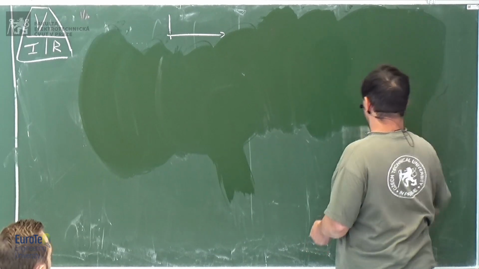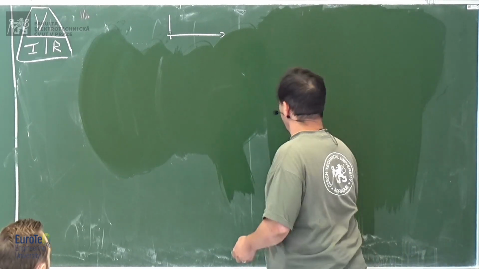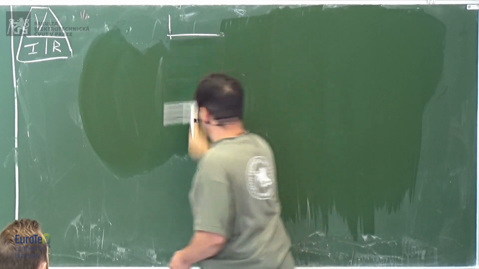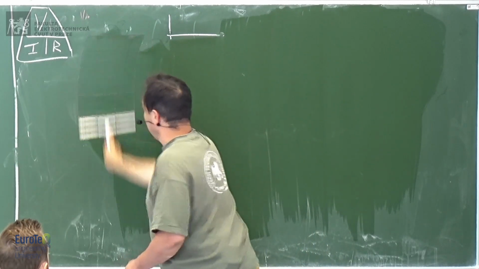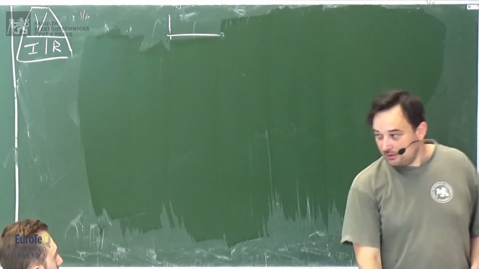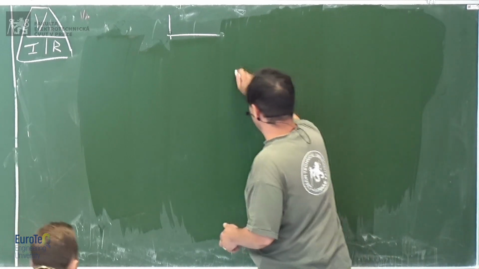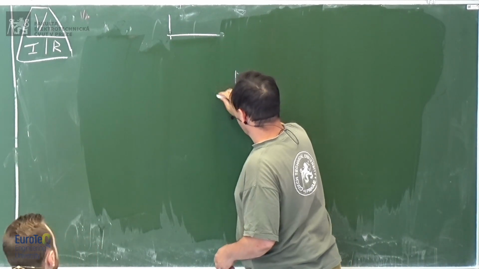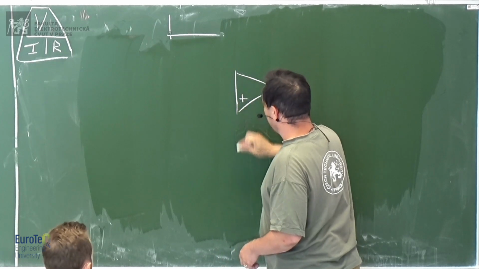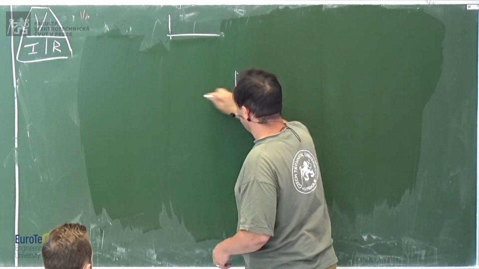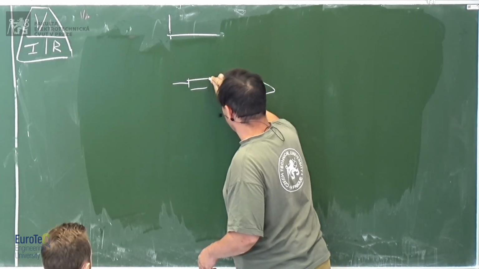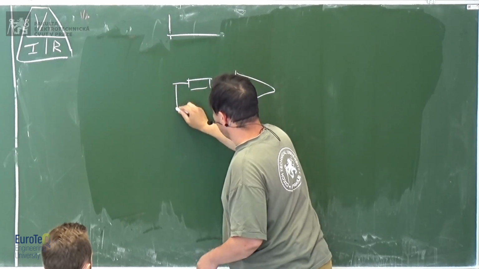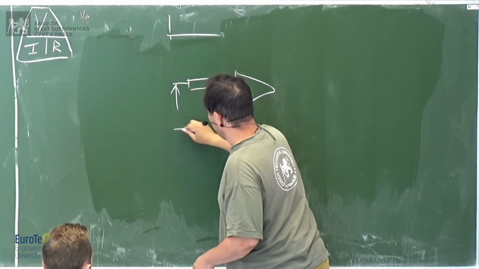So, for instance, let's say that you want to amplify. So you have an inverting or non-inverting amplifier. That doesn't matter. So what you can do is to create, let's say that this is the source.